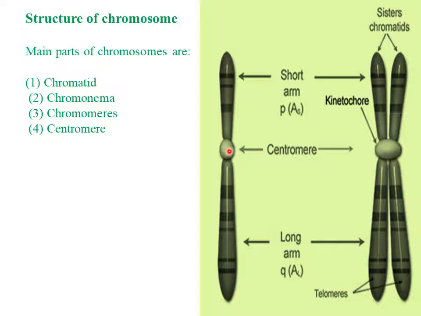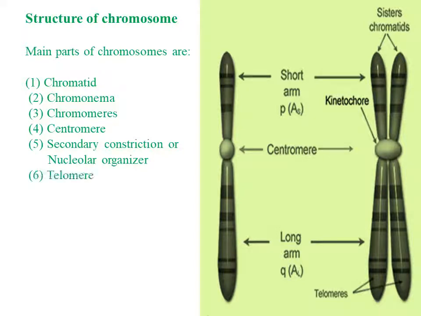The centromere is located in the center. The secondary constriction, I will show it in the other figure, is otherwise called the nuclear organizer. The terminal part is called the telomeres. And the satellite DNA.